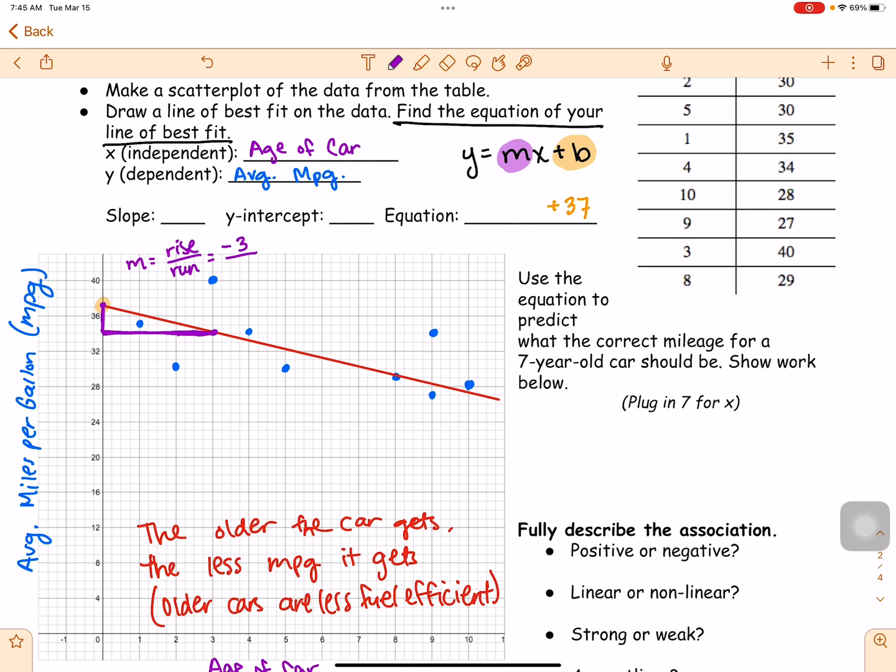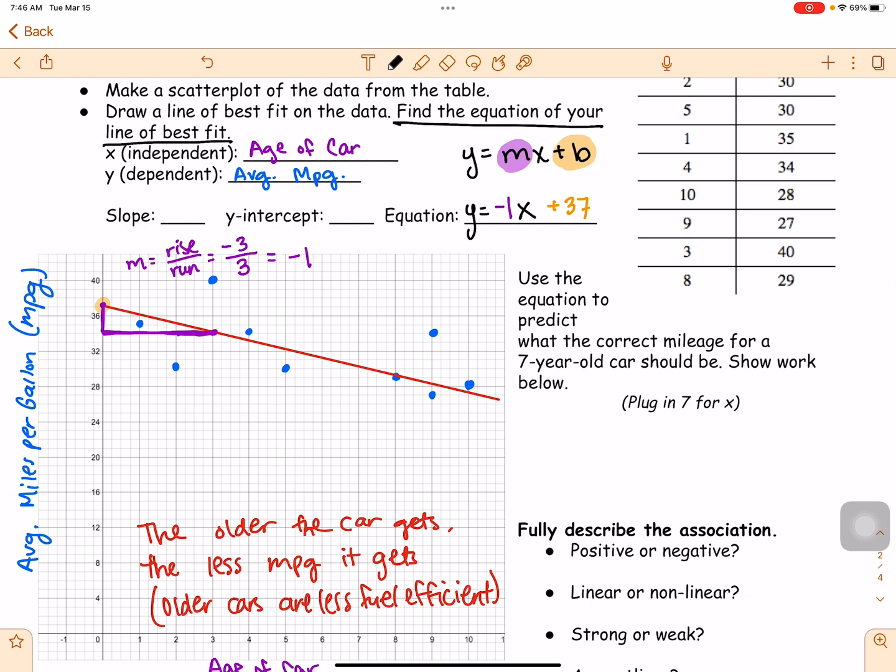Interesting. So -3 over 3, and you might not get exactly that. It's okay if you don't. But I get about -1. So for my slope, I'm going to say -1. So y equals -1x plus 37. Okay?